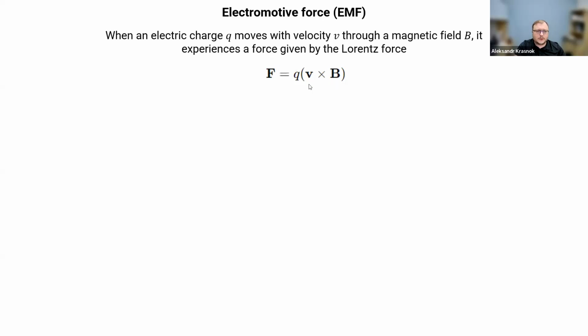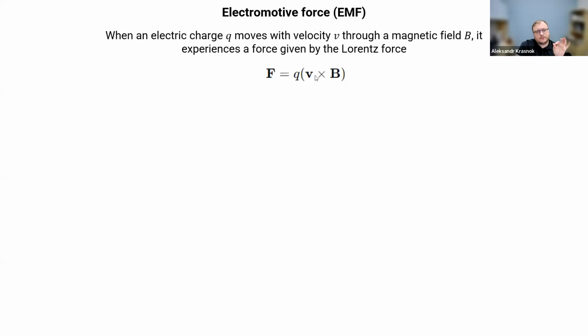And the formula is here. So this force is defined by the value of the charge, velocity, and the magnetic field strength. So the larger the charge, the larger the force, the larger the speed of moving, the larger the force, and the larger the magnetic field, the larger the force.